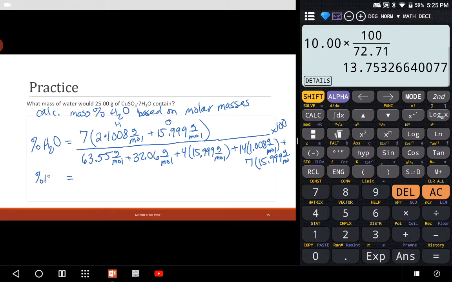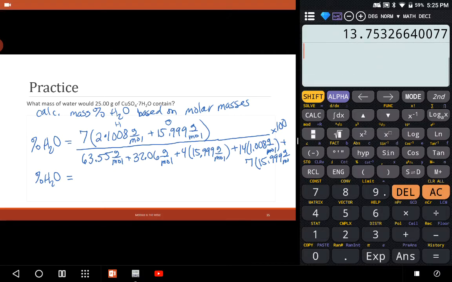So my percent due to H2O is equal to 7 open parentheses 2 times 1.008 plus 15.999. So that's telling me that I have 7 waters.